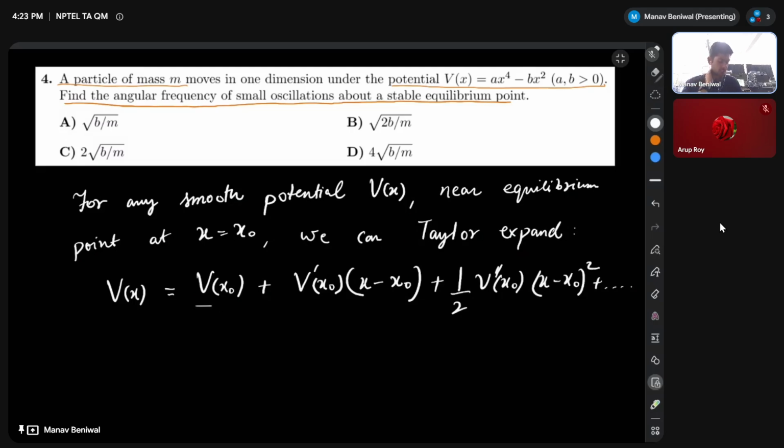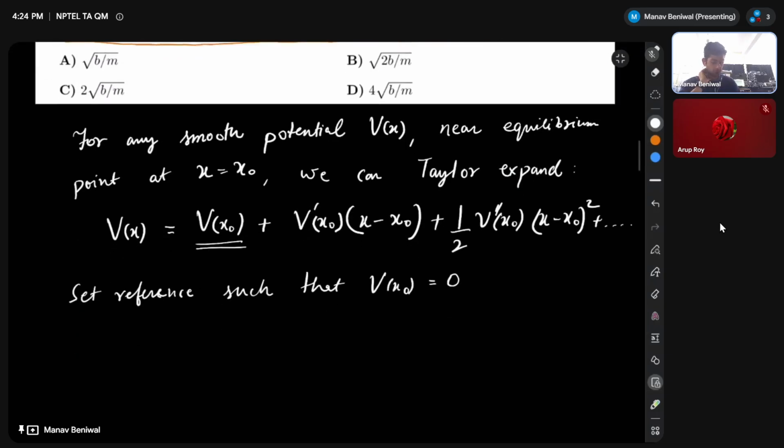So this is just a constant, and we can set our reference of the potential energy anywhere. So we can set our reference of potential energy such that V of x naught is equal to 0. Okay, so we can do that.